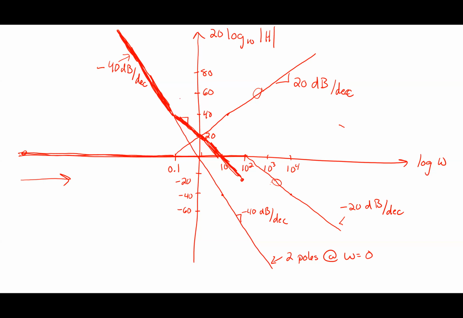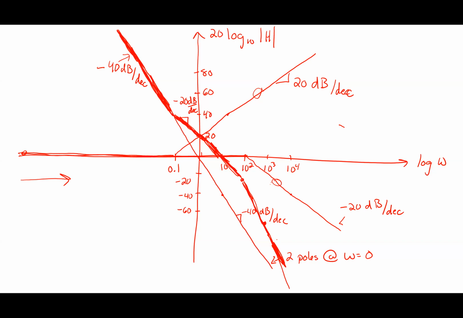Then here I'm at negative 20 dB per decade. Then I hit another pole. What's a pole do? It adds another negative 20. So instead of falling at negative 20, now I'm falling at what rate? Negative 40. So when I look at this, I say, okay, at 10 to the third, a decade away, I better be at negative 60. So I'm falling like that. So the total graph would look something like that.